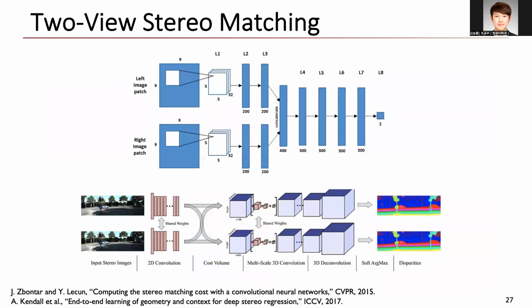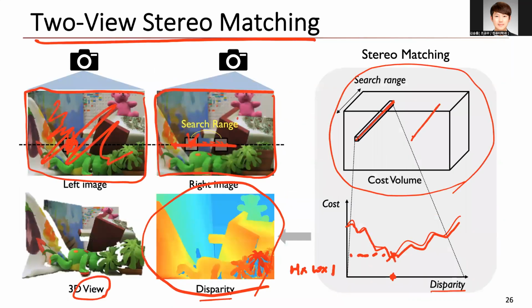Of course, in the deep learning area, there were many papers that formulate this stereo matching pipeline in a deep learning manner. So the question is how to measure the similarity between the reference pixel and the candidate pixel or query pixel.